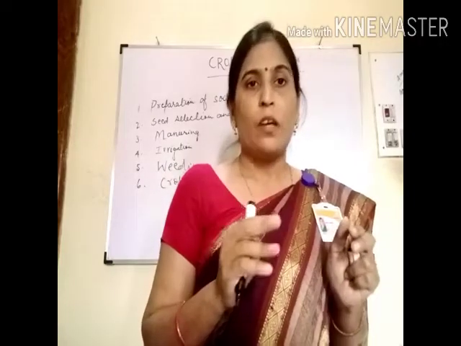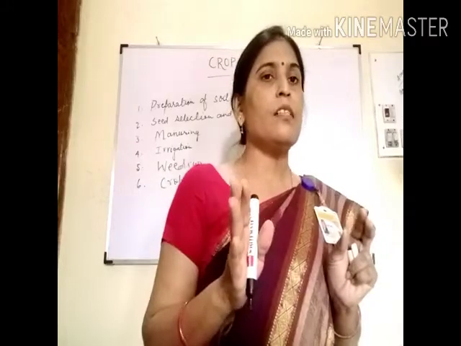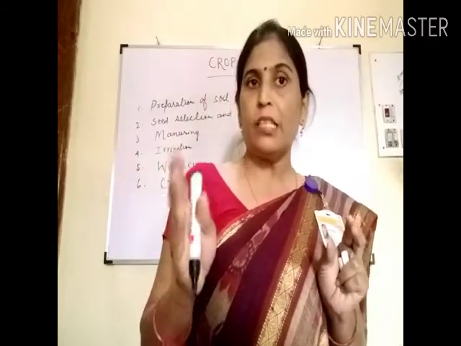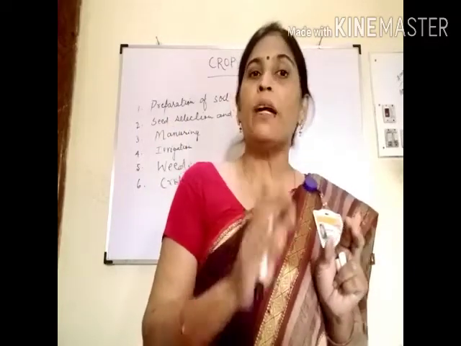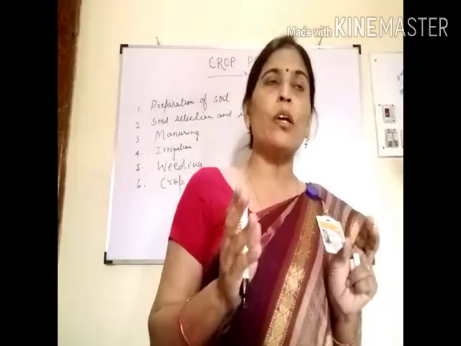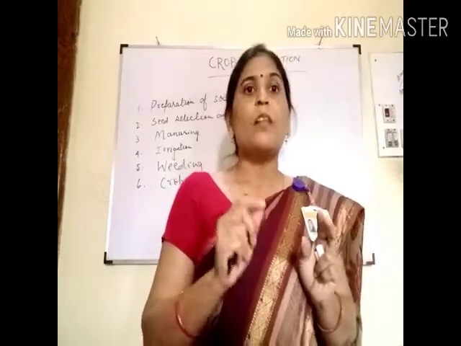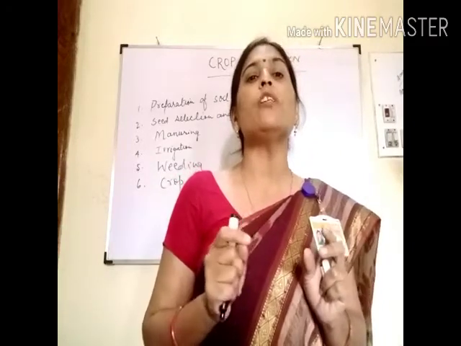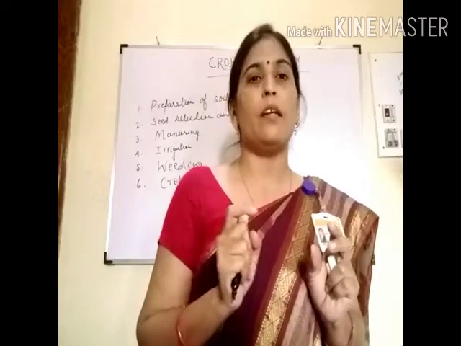These are insects. These rodents destroy the food produced, meaning the grain produced. They destroy only the grains. But these insects destroy both crops and the grains as well. Now these pests can be controlled by using pesticides, which are poisonous chemicals.